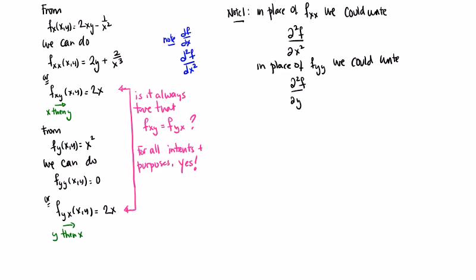However, the two places where it's confusing is in place of f sub xy, we could write partial squared f partial y partial x. Now, if this bothers you, because you're like, hey, wait, the x's and the y's are sort of the wrong way round, with the f we had f sub xy, but here we have partial y partial x.